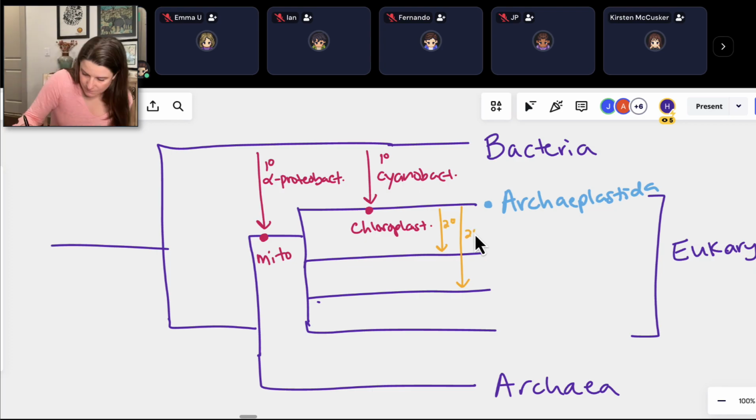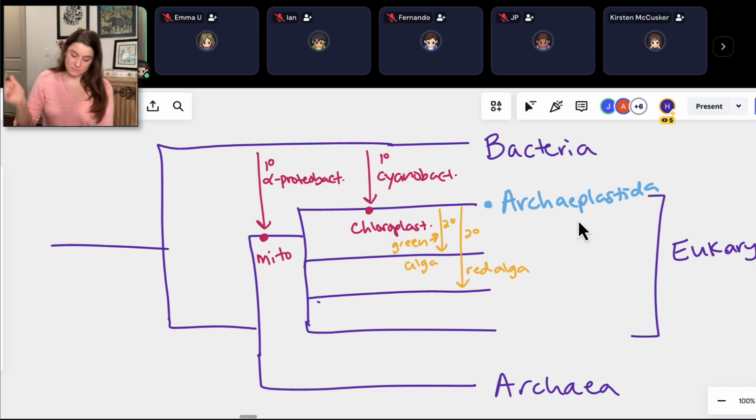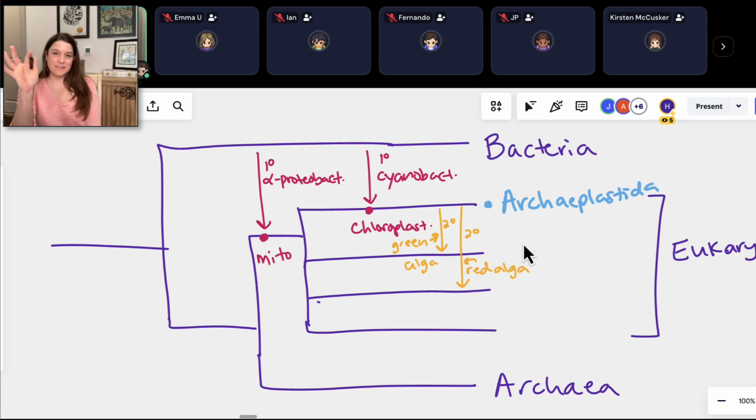So this is secondary endosymbiosis of, let's say, a red alga on this bottom line and of a green alga on this top line. And like I said, this is a very crude drawing, right? Because it's not like everybody in the lineage gets the secondary endosymbiosis from the same event.